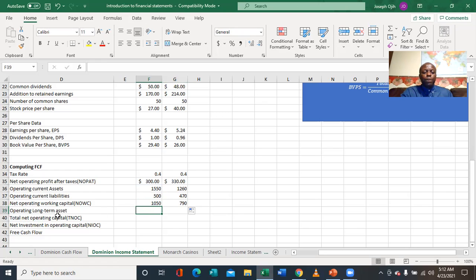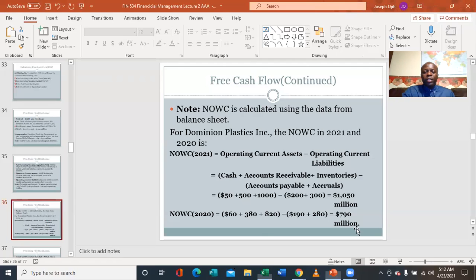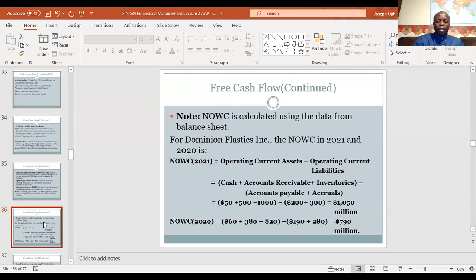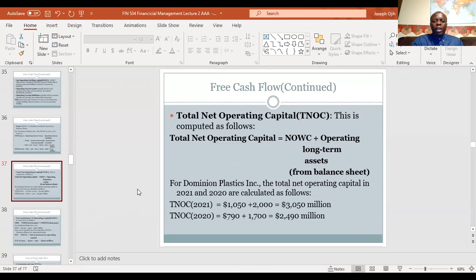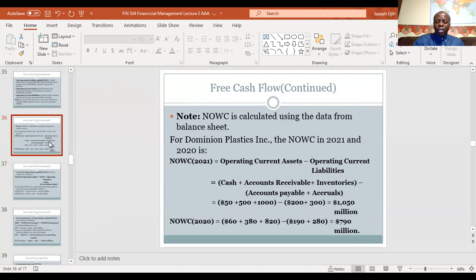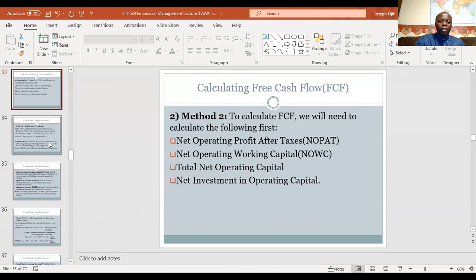Now, let's look at operating long-term assets, which will be the next thing we'll calculate. Sorry, not operating long-term assets. The next thing we need to calculate is the total net operating capital.